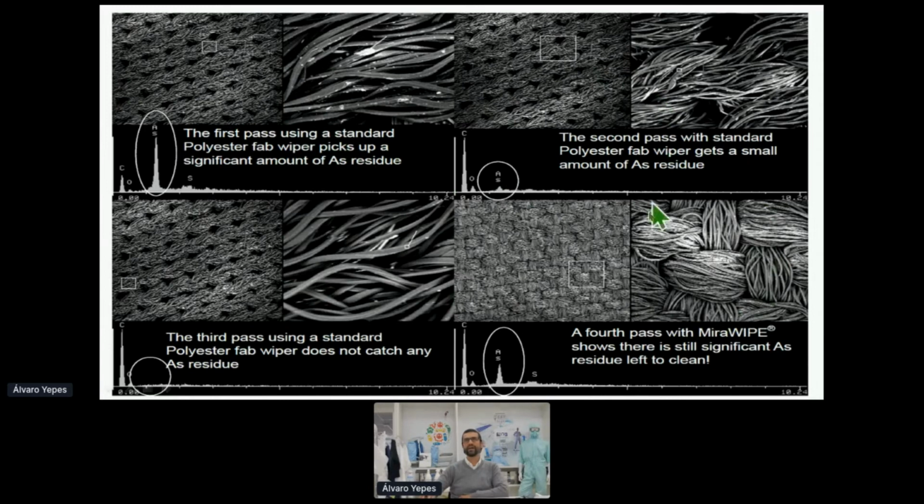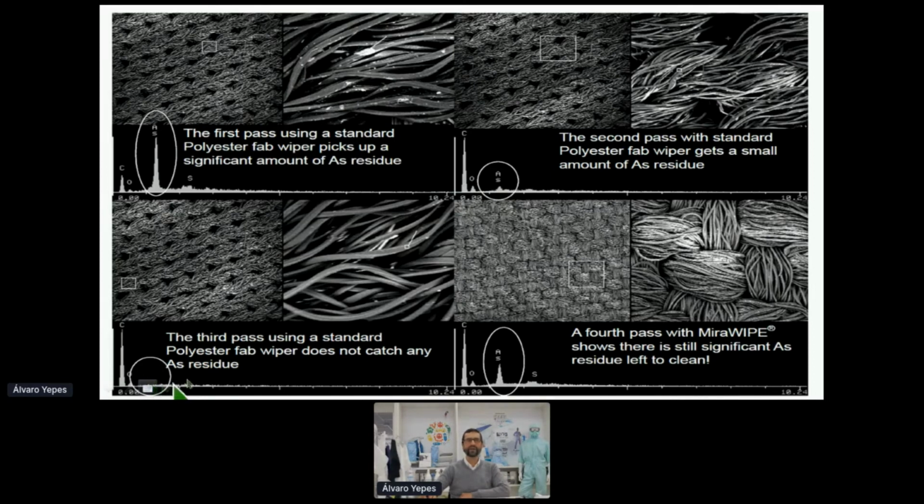This is an analytical way to simulate what you just saw in the video, in which by using an HPLC analysis of the active substance in the wiper material itself, in the first pass on the surface, we recover so much material. Second pass, we only get to this level of recovery. And in the third pass, we claim it clean also from the analytical point of view.